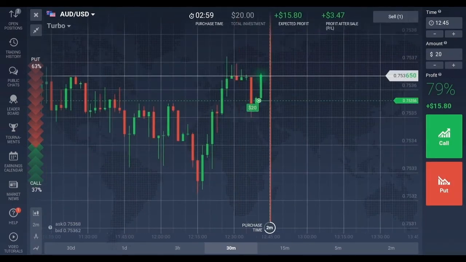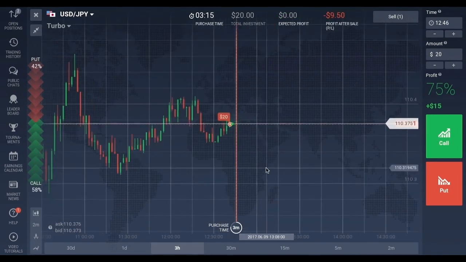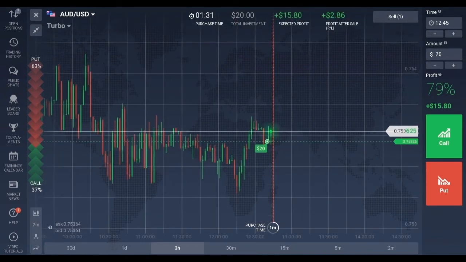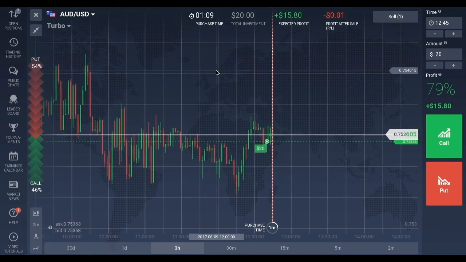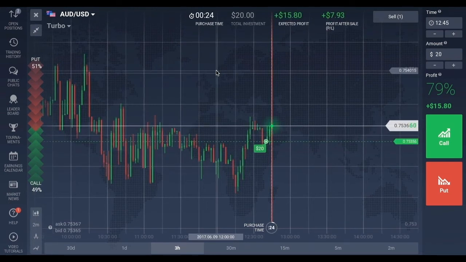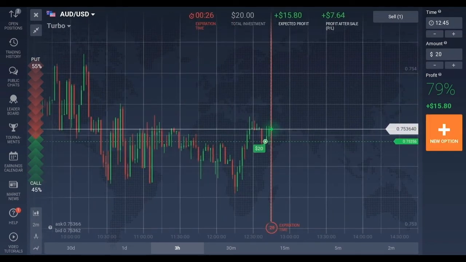Now guys, I'm sure you can see we are trading with a 2-minute chart, and there is a reason for this. The 5-minute chart is quite a slow moving chart for turbo trades. So if we're doing a 5-minute expiry, we prefer to use the 2-minute chart, which isn't quite as fast as the 1-minute, so you do have more time to get your entries precise, but it's not as slow as the 5-minute.